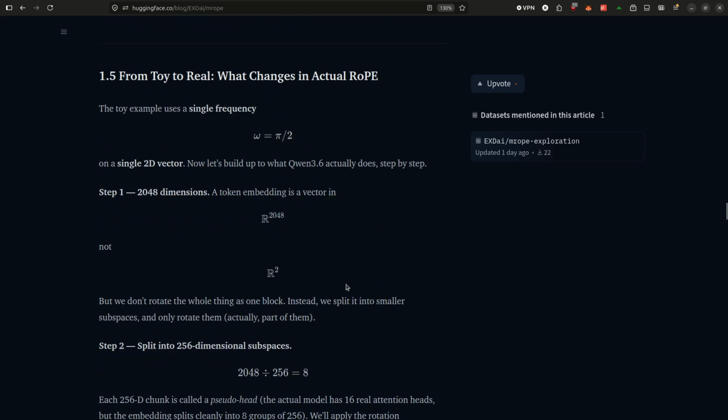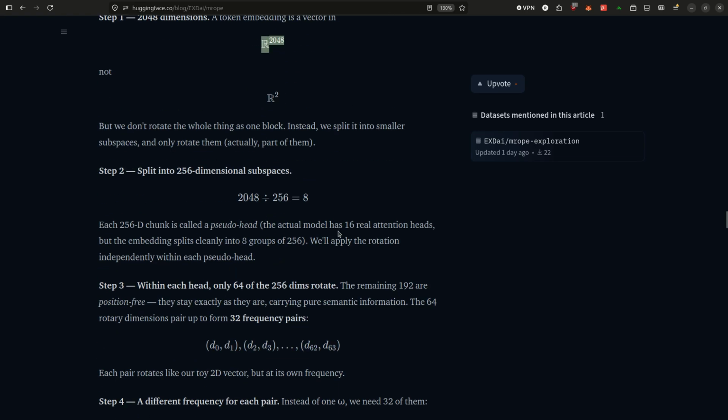Our goal is to rotate the static input embedding vectors a tiny bit to represent their relative position with all of the tokens inside the input sequence. We want to do it in such a way that we can capture far relations as well as close relations. To do that, we take the 2048 dimensions of the input embeddings and split them into 8 subspaces.